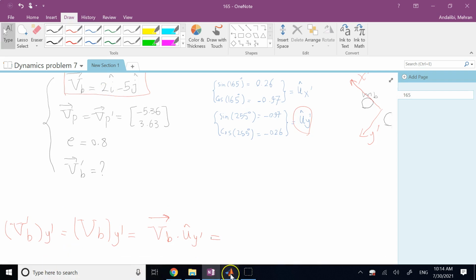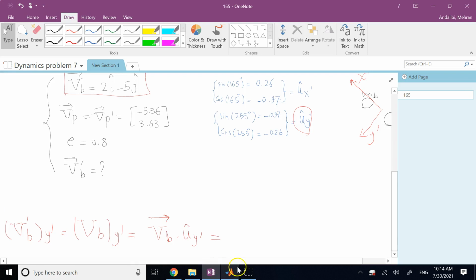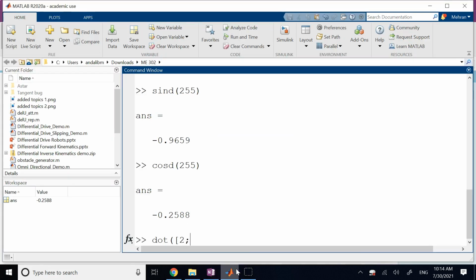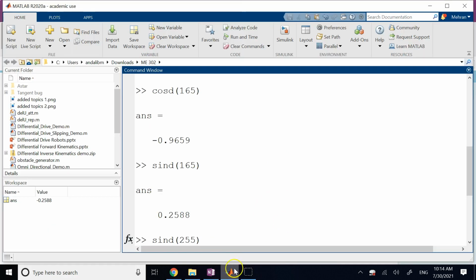So let's go ahead and dot product this vector with that one. And here we can use the command dot in MATLAB. So what is dot of, basically, 2 and negative 5, correct? 2 and negative 5, and the other vector was, the sine was negative, correct? Negative 97. Well, actually, it looks like it's 97. We want to use two decimals. So 97 and negative 26.